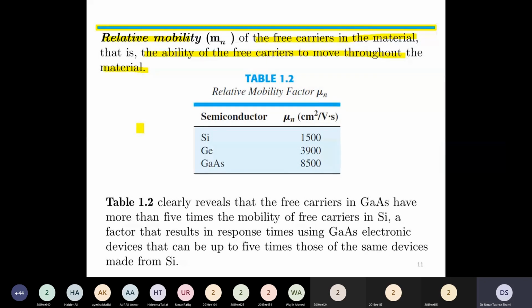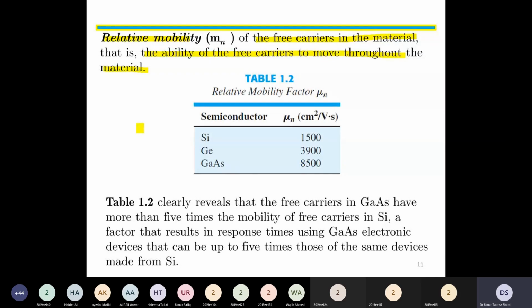Looking at this table, electrons in silicon face maximum difficulty in crossing the material, whereas electrons in gallium arsenide face the easiest movement through the material. It is due to this table that our VLSI circuits are built on gallium arsenide, because gallium arsenide offers the maximum relative mobility.